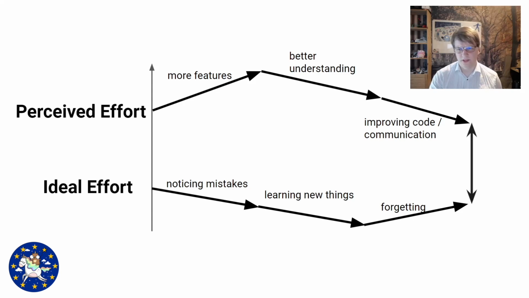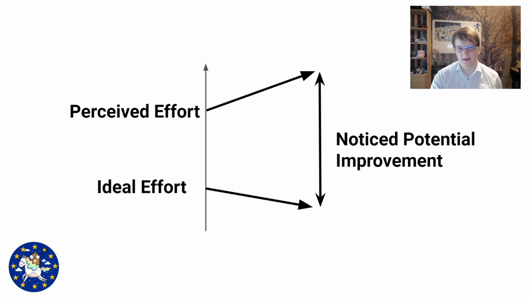So the question is, what is this difference between them? I think this is the thing that, when we are talking about technical debt, is the most important thing. This notice of the potential improvement, like how much we can improve the system.